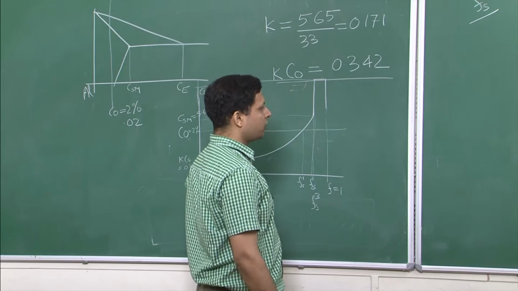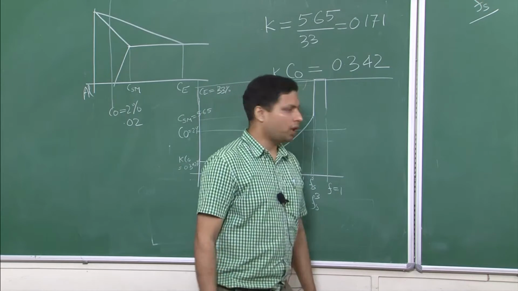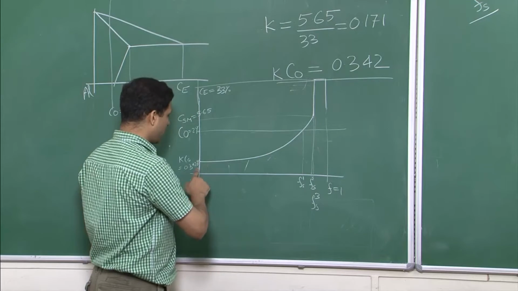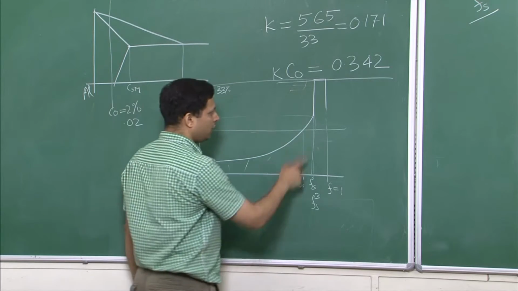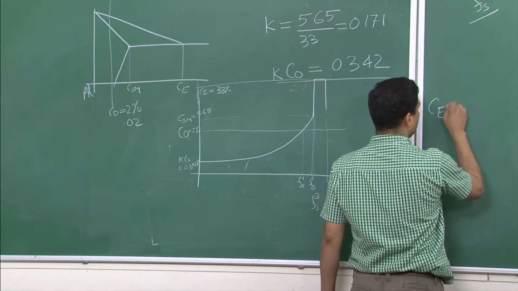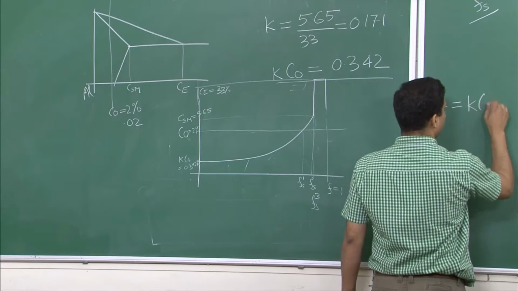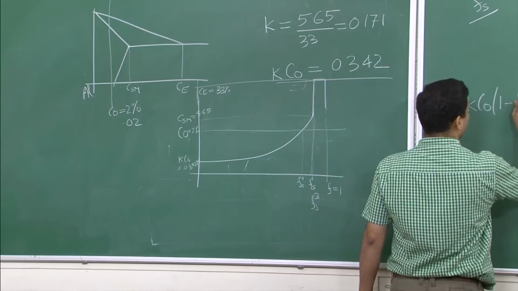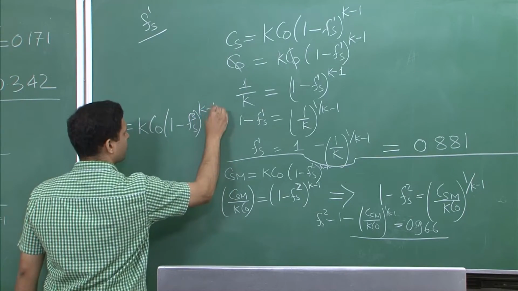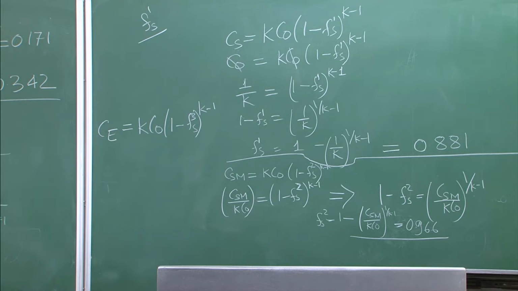Now what about FS3? So do you think we should also do the same thing? Now if we want to get the concentration FS3 for CSM, should we put it like CE equal to KC naught? Would that be the right way?